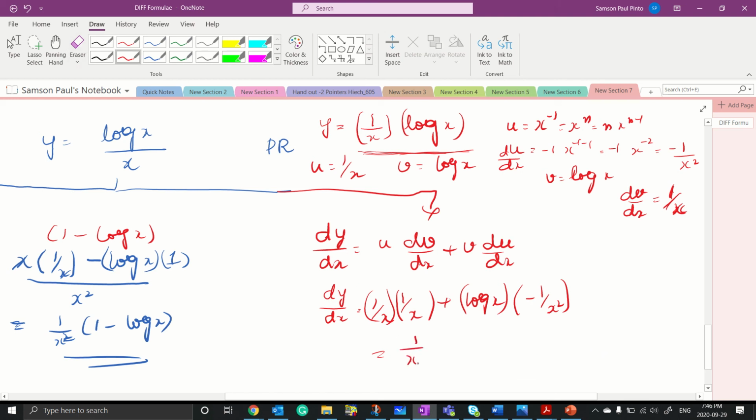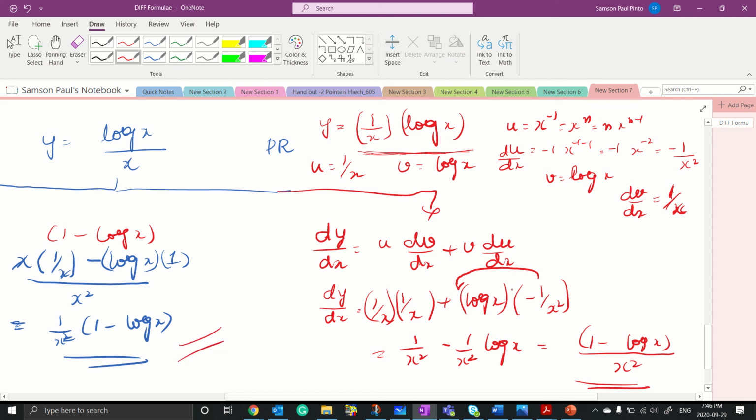I'll get 1 by x square, and I will get 1 minus log x in front, that is, 1 by x square log x. And when I take the LCM, I'll get it as 1 by x square into 1 minus log x. Okay, this is essentially this formula.